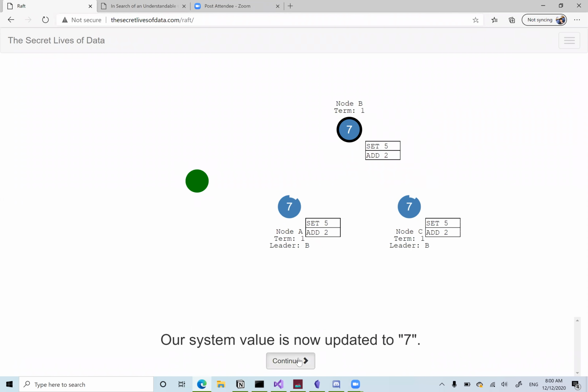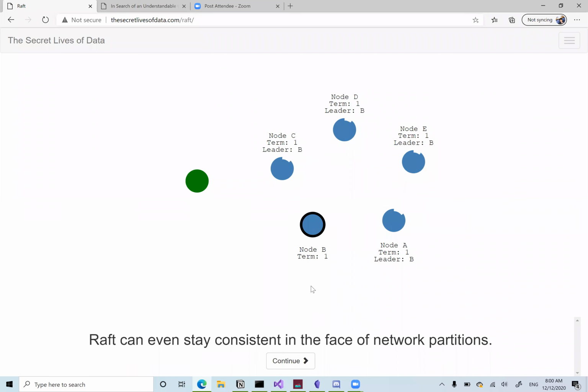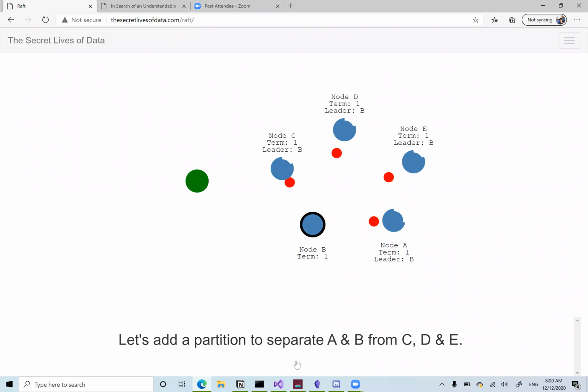Okay, so moving on. Yeah, so this is very interesting. Raft can stay consistent in the face of network partition. So now we have 5 nodes, right? And this is the leader, and this is the term, right? Now let's see. Now they have added a partition between these 2 nodes, right?